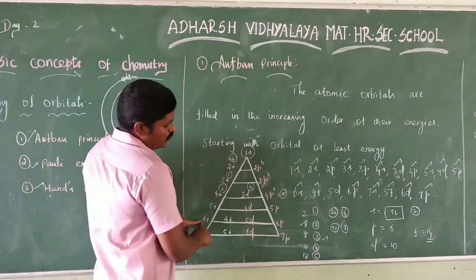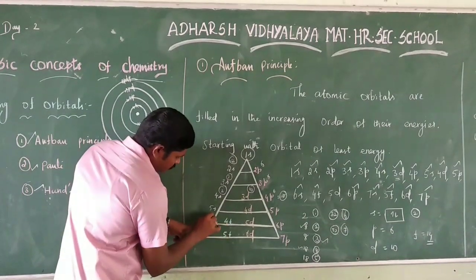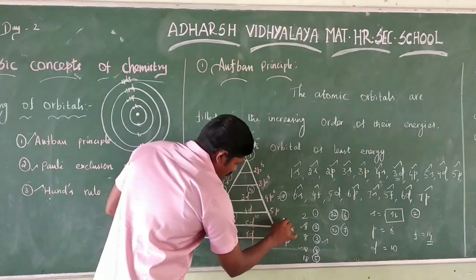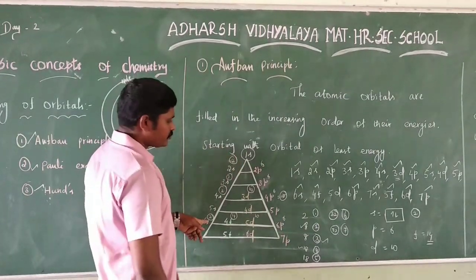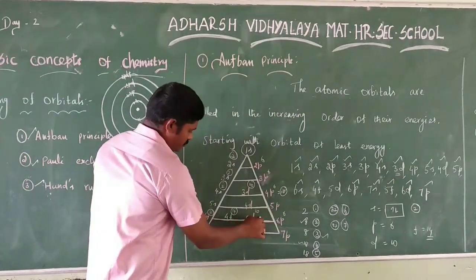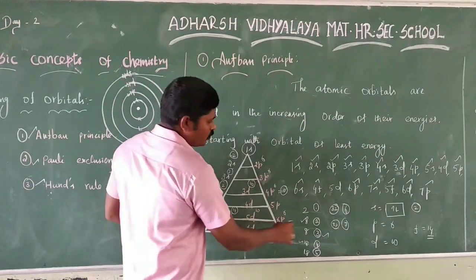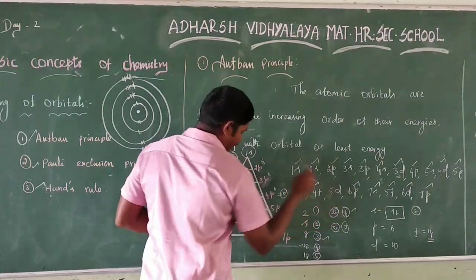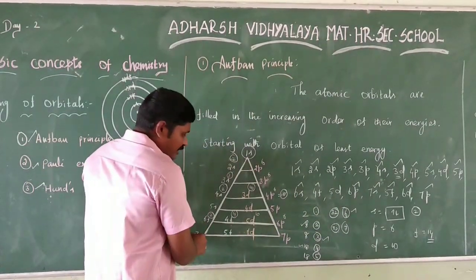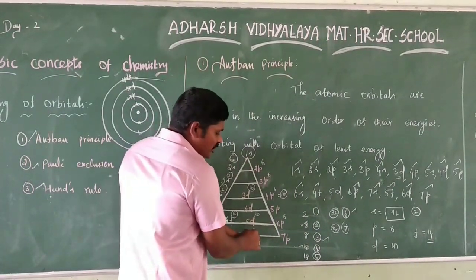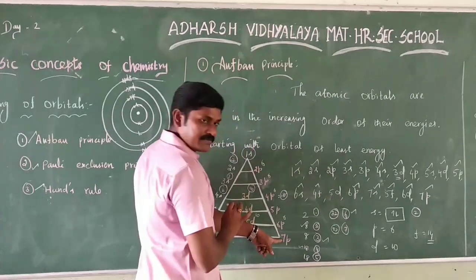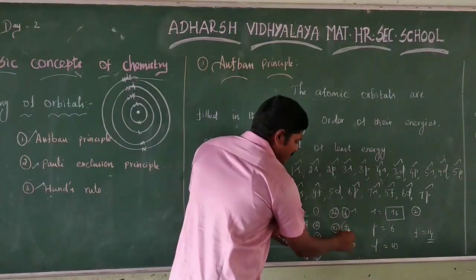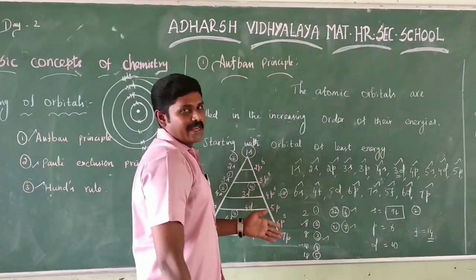The sixth row is 2, 14, 10, 6, which is 32, so the sixth row contains 32 elements. The seventh is 7s2, 5f14, 6d10, 7p6, so 32 elements are present in the seventh period.